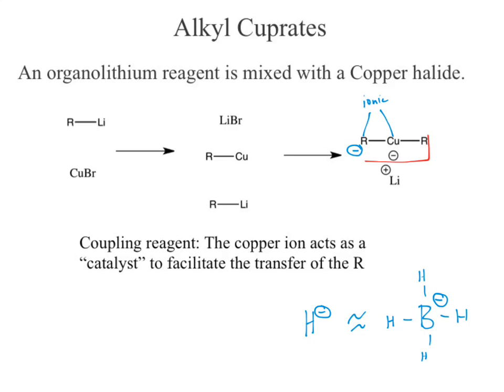No. So it's definitely changed. Which one do you think is more electronegative? Copper. Why? Farther to the right on our periodic table, getting closer to our electronegative element, fluorine. Well, if copper's electronegativity is increased relative to lithium, what did that do to the charge on our carbon?